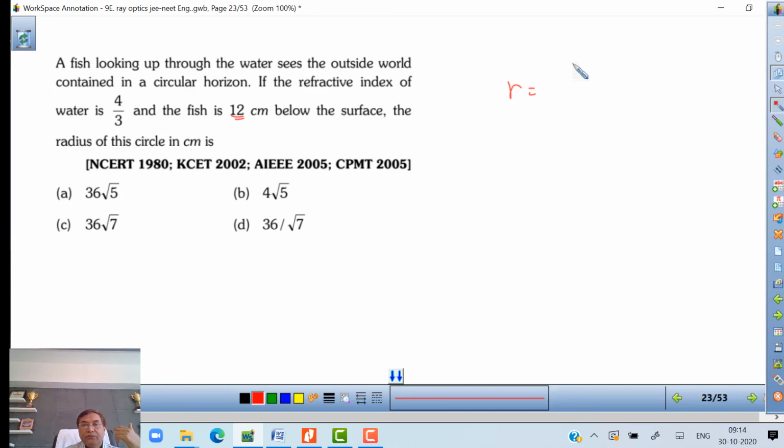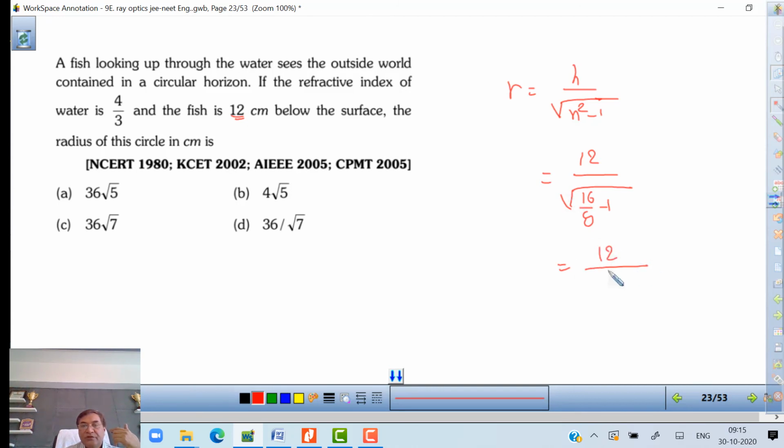So r is equal to h upon root n square minus 1. h is 12, n square is 4 square by 3 square, so 16 by 9 minus 1. 16 minus 9 is 7, and going up it is 3. So 12 threes are 36 upon root 7, in centimeter.